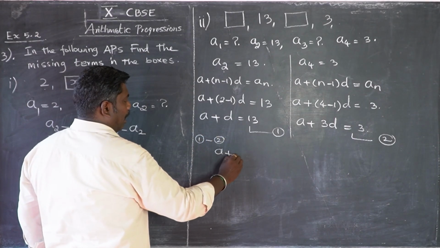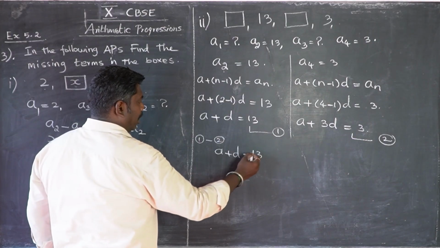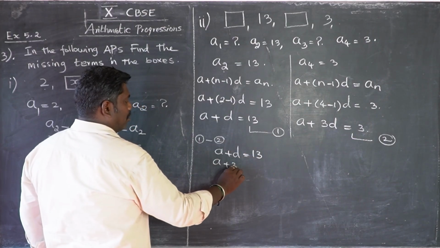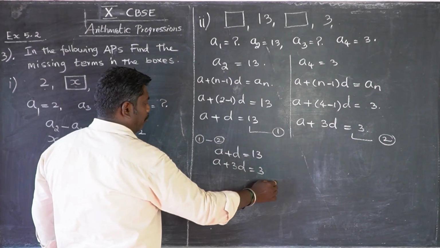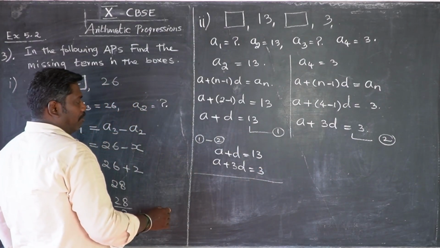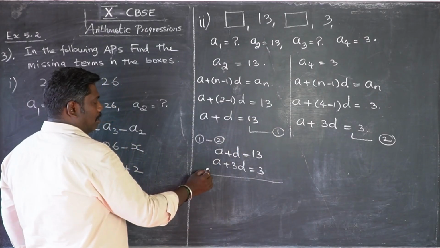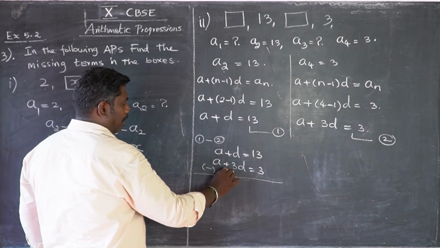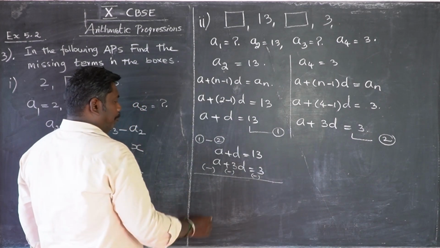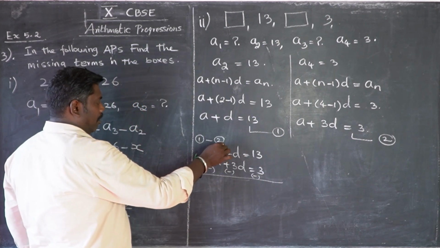That is a plus d is equal to 13, a plus 3d is equal to 3. Subtract the equation, that is equation number 1 minus equation number 2. Then the signs will change. Plus a minus a cancel.